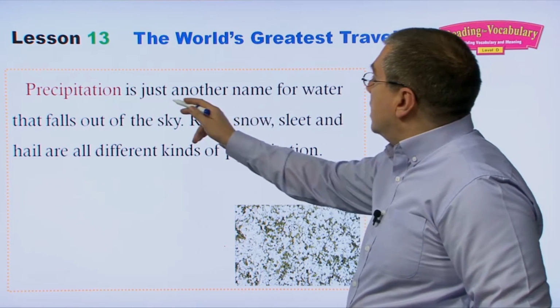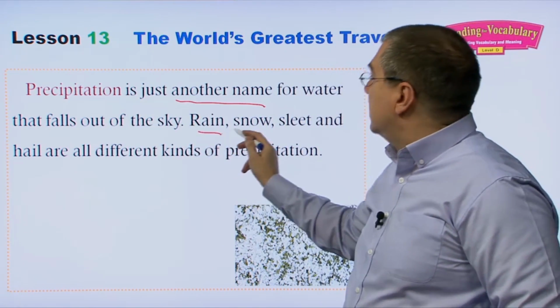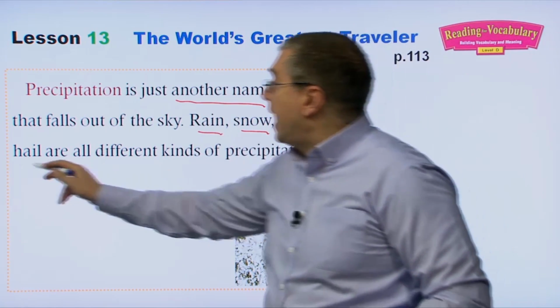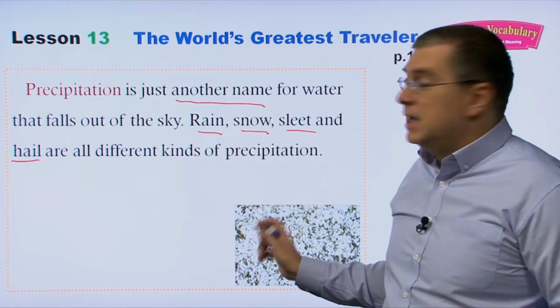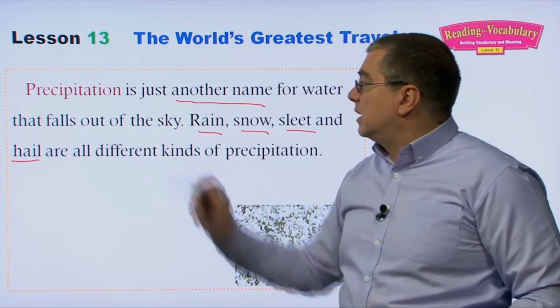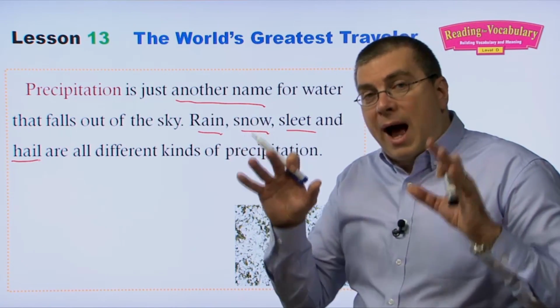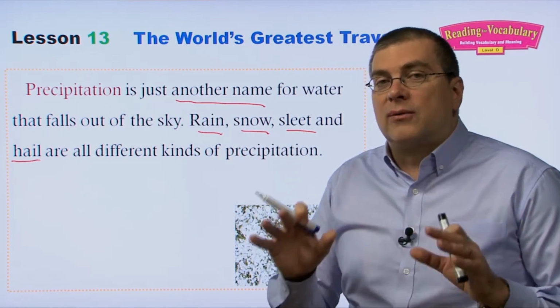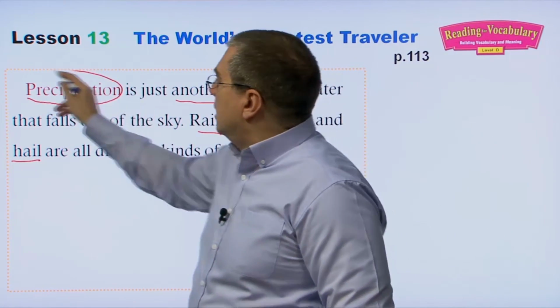Precipitation is just another name for water that falls out of the sky. Rain, snow, sleet, and hail are all different kinds of precipitation. So those four types are how water falls from the sky. So that's why we use the word precipitation.